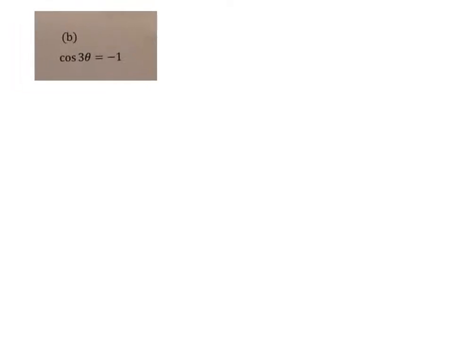Okay, so we're going to try the multiple angle method. I'm going to use method 2, and that means I'm going to build a domain around which I'm going to solve for 3 theta. So ultimately, my final solution requires theta to be between 0 and 2 pi.